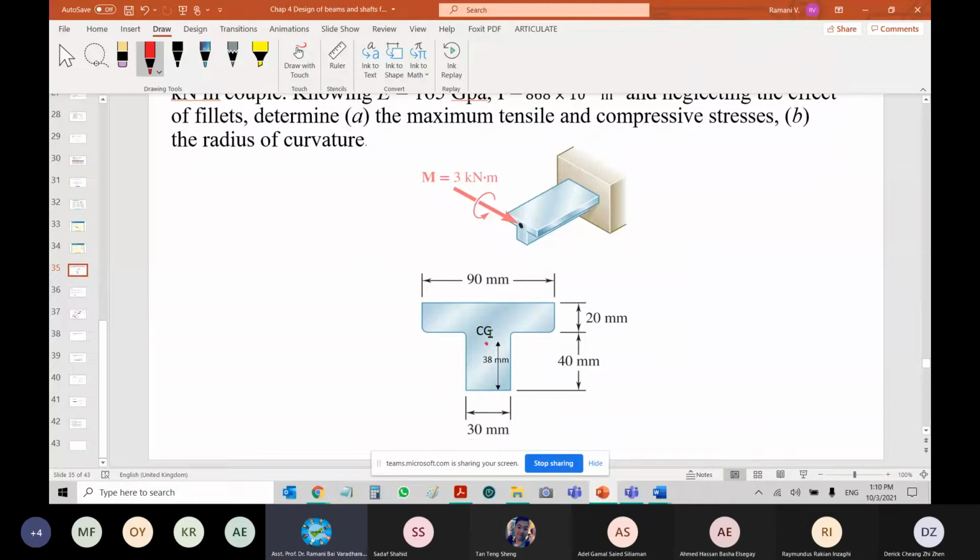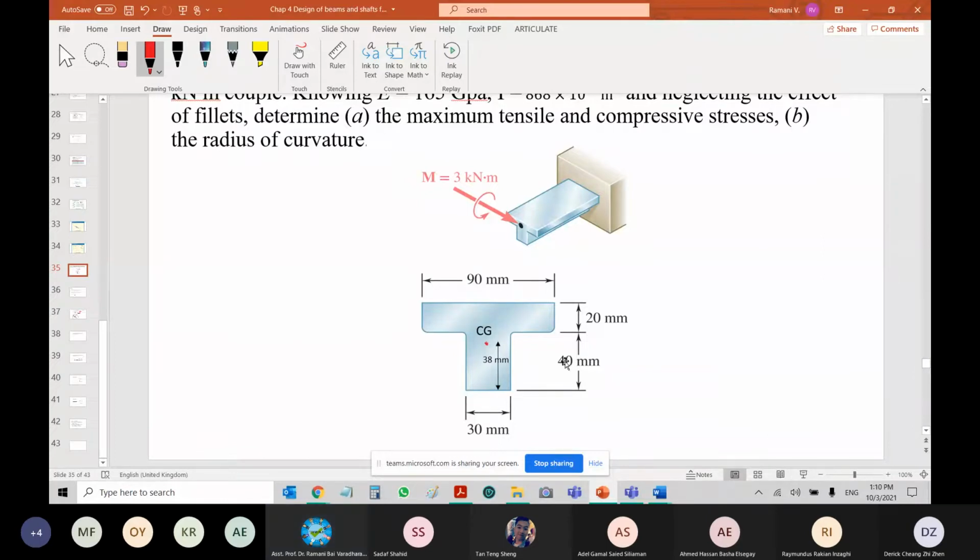CG, point CG means what? Center of gravity or centroid. The centroidal distance of the point to which the net force or total force is acting is given to you already. The distance from this point to this point is 38. If this is 38, you can find this value, right?